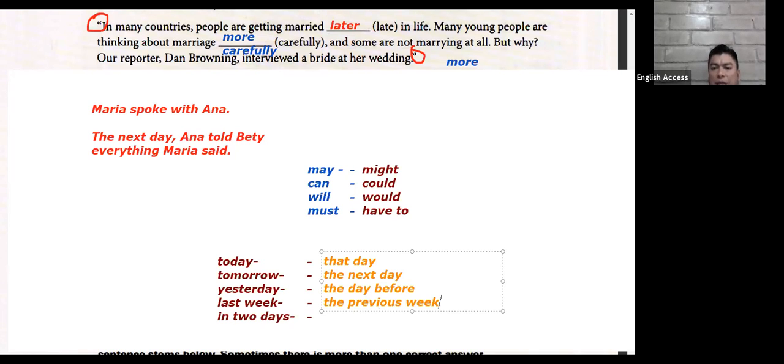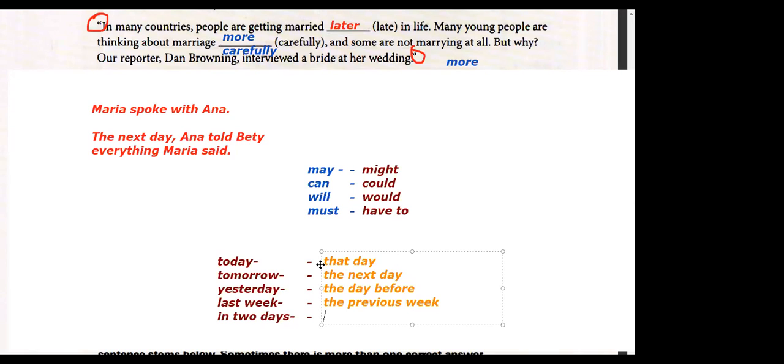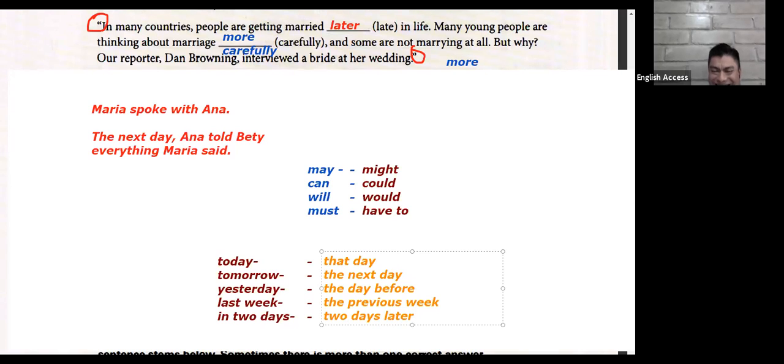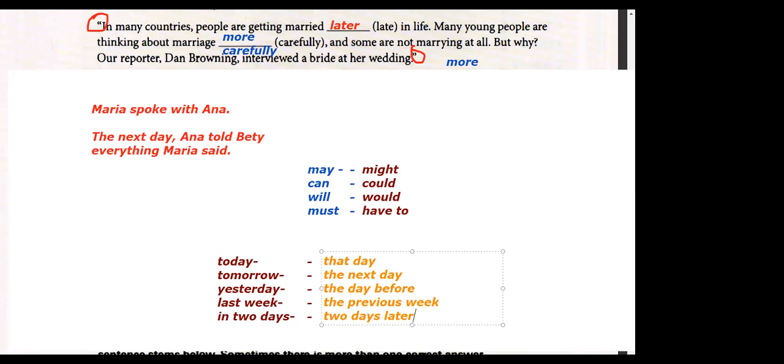It's the same with yesterday: the day before or the previous day. And in 2 days? 2 days ago? And later. 2 days later. I thought it was like coming soon.